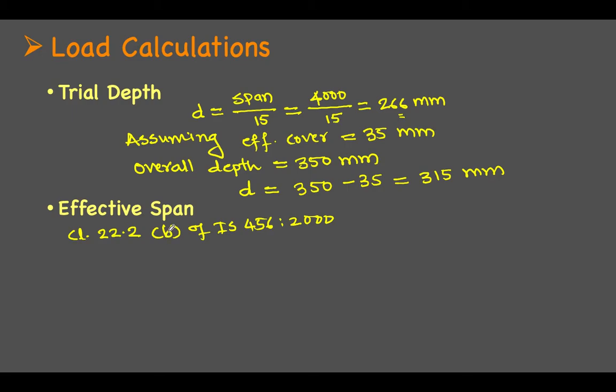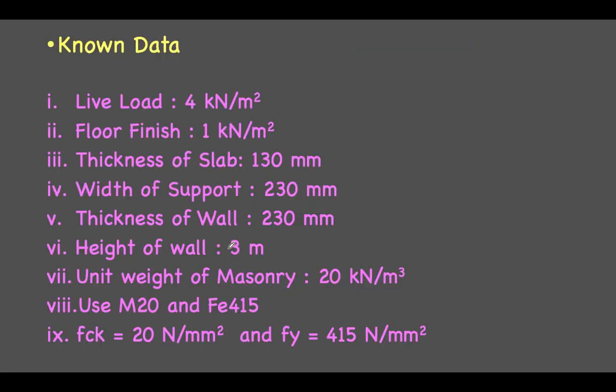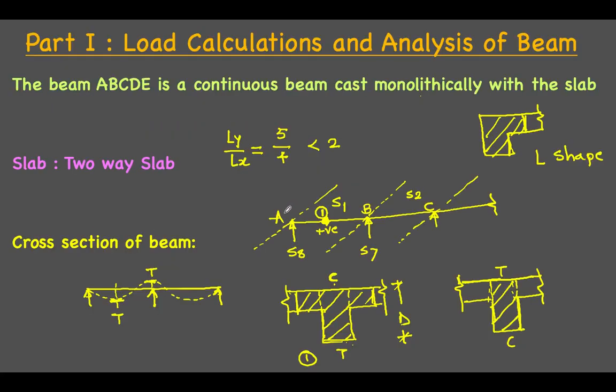B is for the continuous span, and the clause says we first have to check the width of support. What is the width of support? The width of support here in this case is 230 mm.